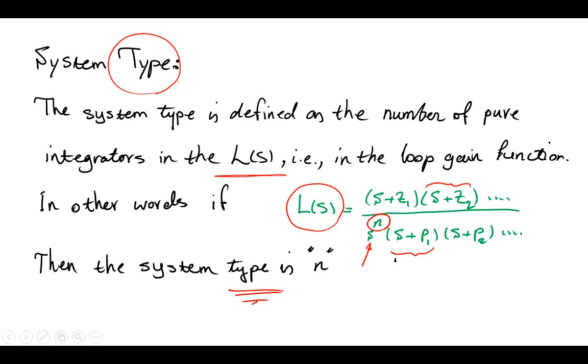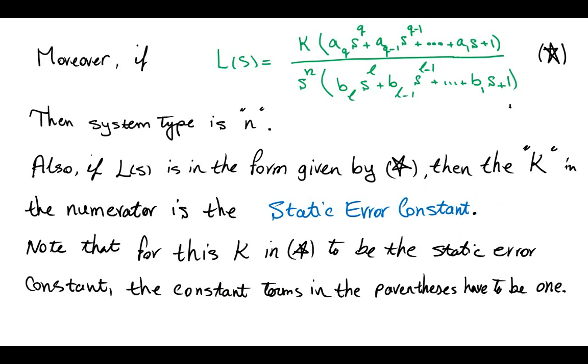But we can represent this L in another form as well. We can multiply these terms, and we can end up with a polynomial in the numerator and a polynomial in the denominator. And we can factor this s out from the denominator. Then we end up with such a thing.